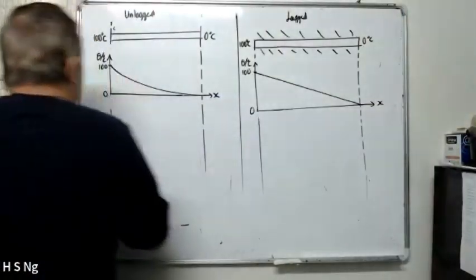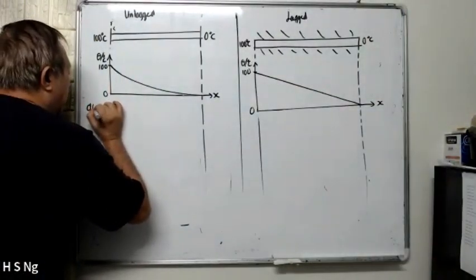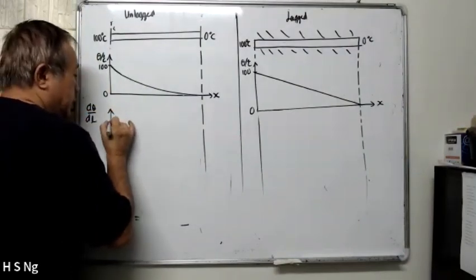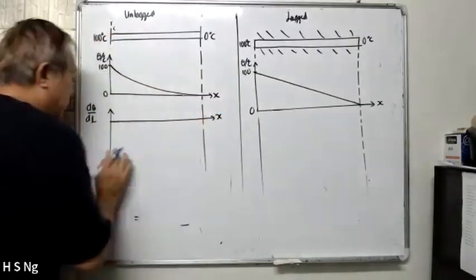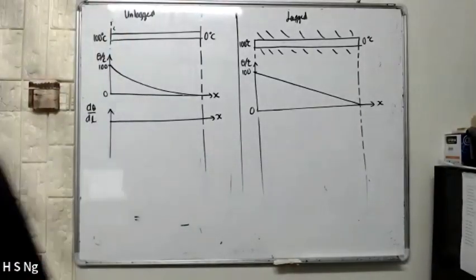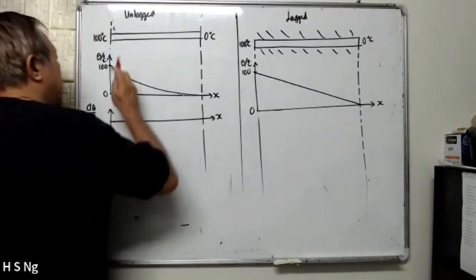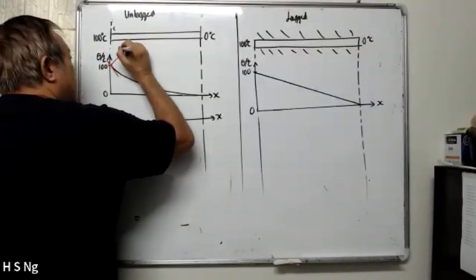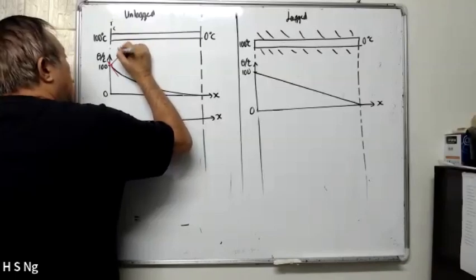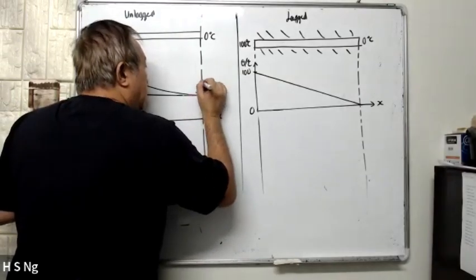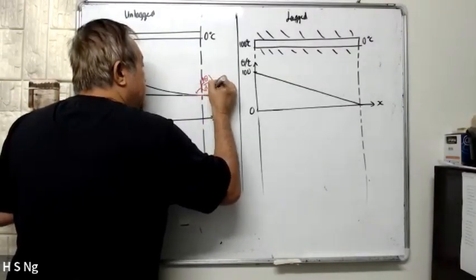Now find the temperature gradient. By definition, the temperature gradient must follow the negative side. The temperature gradient is actually the gradient of this graph, where you find that dθ per dl at 100 is greater than dθ per dl at 0 degrees Celsius.